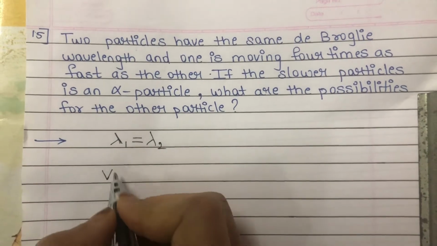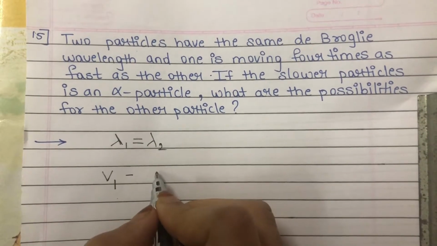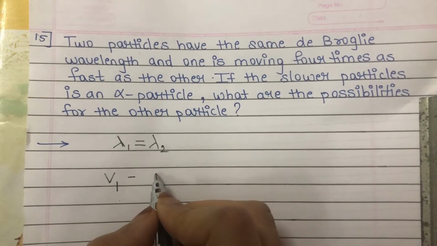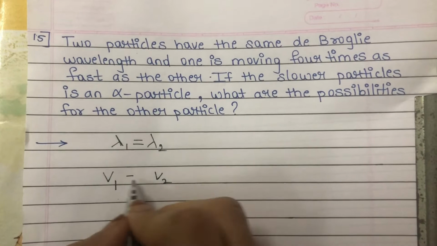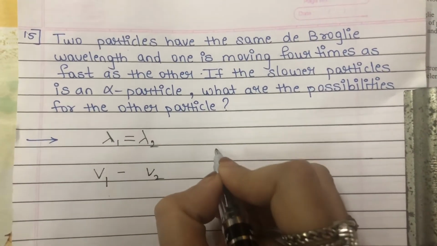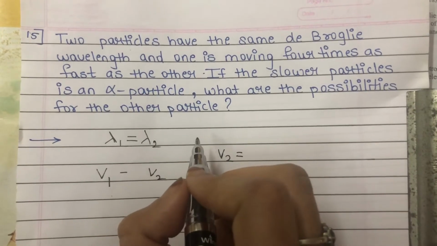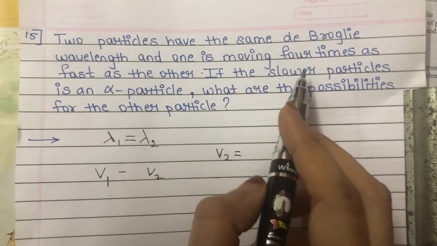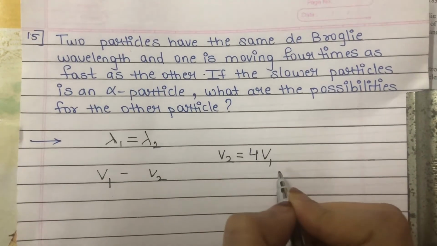Means if the first one is moving with v1 and another one is moving with v2. Okay, so here the difference is the second one is moving faster than the first one. And how fast is it? 4 times as the first one.